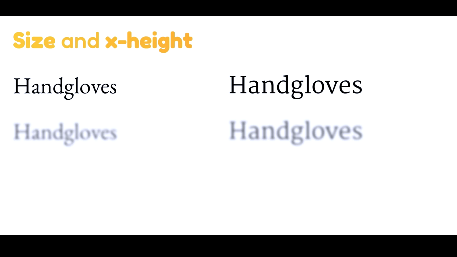But if you look at the lowercase letters, especially the ones without ascenders or descenders, like the A or the N, the letters in the font on the right are clearly larger, and you can see that this also makes them more distinct and easier to read in the blurred versions below. So the first thing to pay attention to is X height.